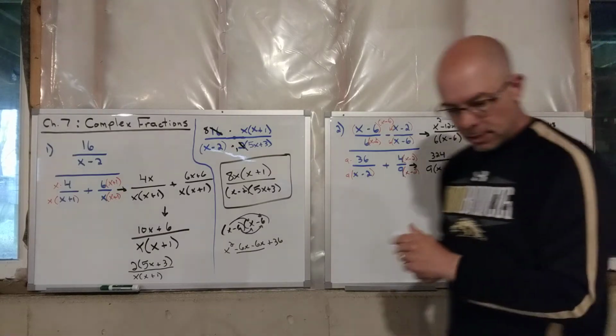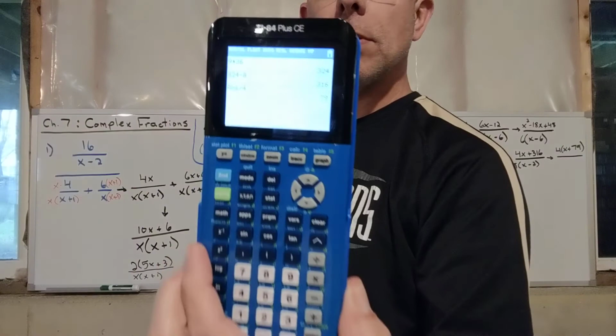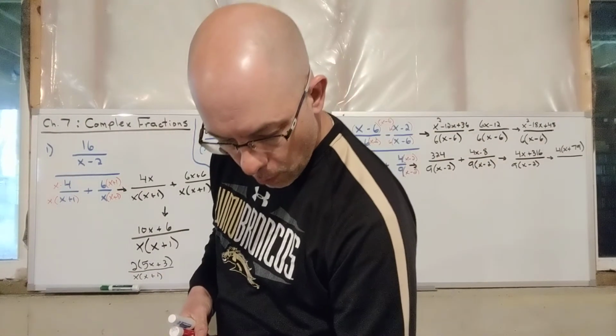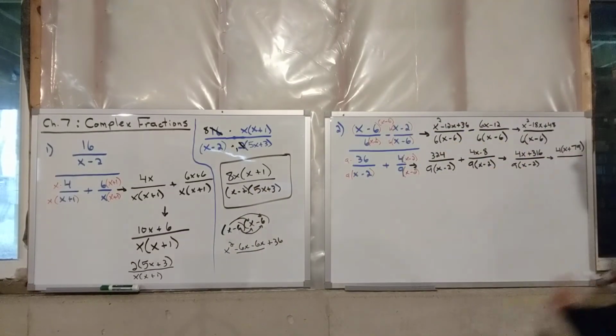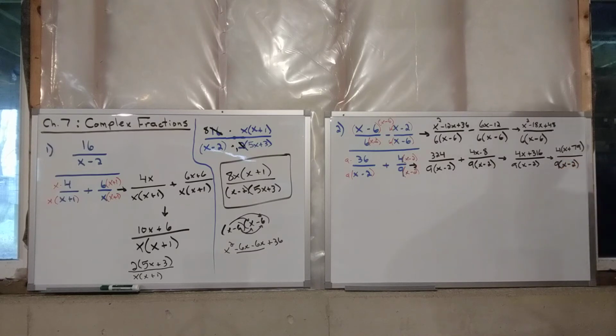That's what I was seeing is, does 4 go into 316 evenly? So you can see I took 316 divided by 4 and got 79. And this stays 9 quantity x minus 2. Okay, so that's as good as it gets, and unfortunately none of this stuff reduces in any way, shape, or form at the moment, so here we go.